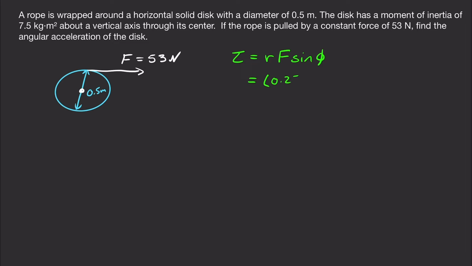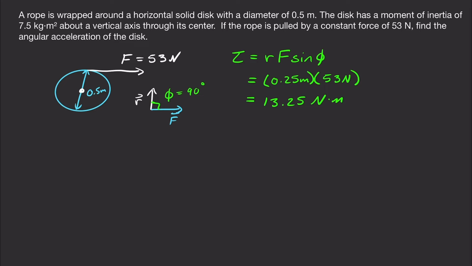So 0.25 meters times our force, 53 newtons. And that will give us a 13.25 Newton meter torque. So my vector R was up, my force was to the right, and so phi was just equal to 90. So I could kind of ignore that.